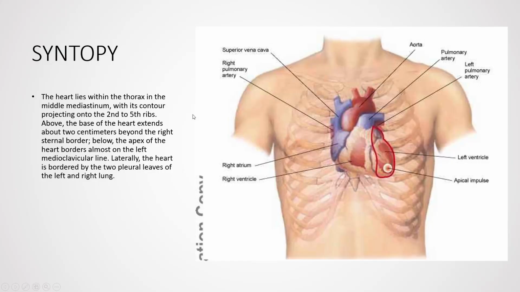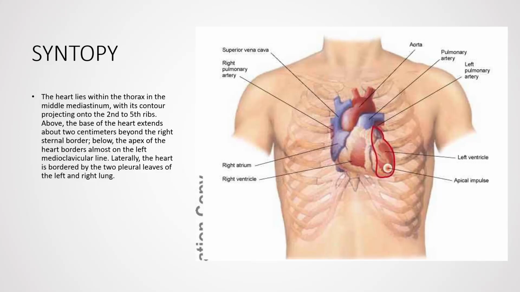The syntopy. The heart lies within the thorax and the middle mediastinum, which is contoured in projection onto the second to the fifth rib. Above, the base of the heart ends about 2 centimeters beyond the right sternal border; below, the apex of the heart borders almost on the left medioclavicular line.